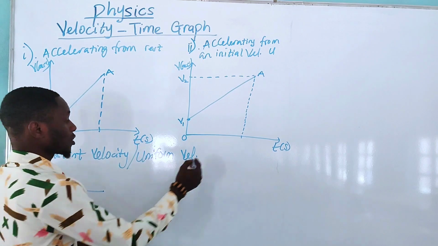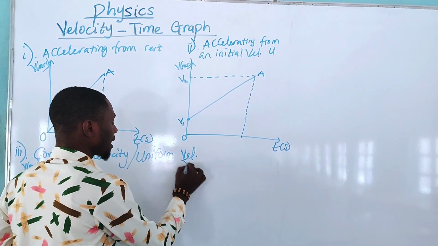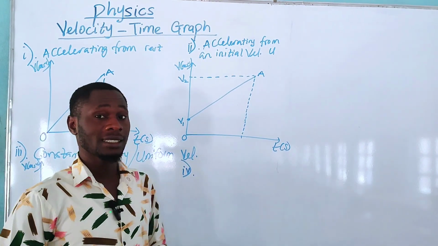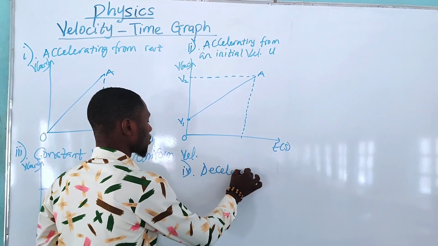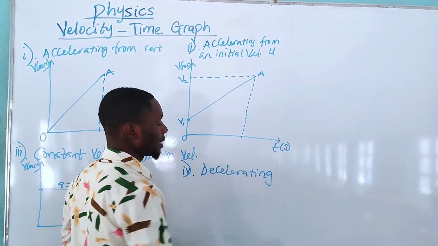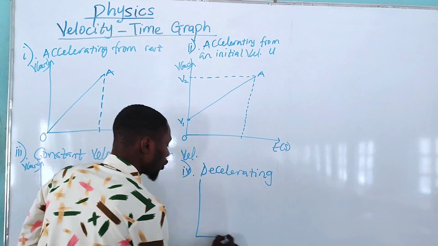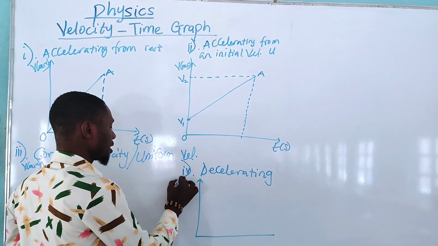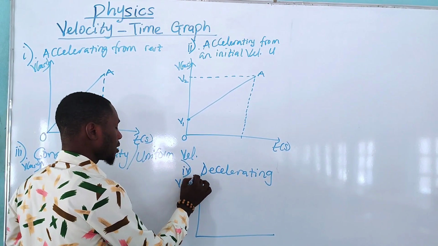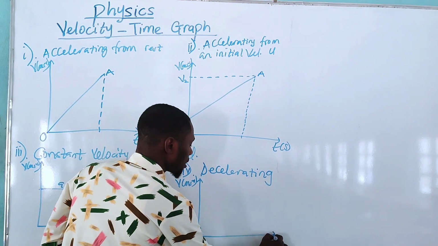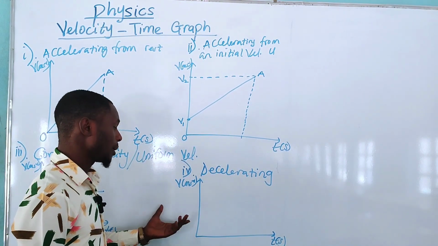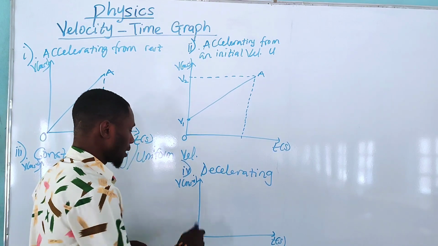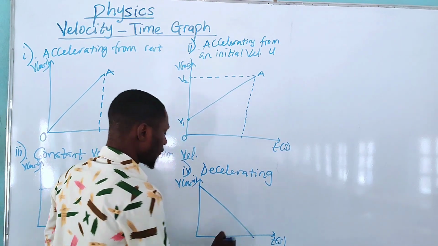Anytime a body is moving with a constant velocity or with a uniform velocity, this becomes the graph format. Okay, so the last format we are going to be looking at is when the body is decelerating uniformly. These are velocity in meters per second, and these are time in seconds. So when the body is decelerating, this becomes the graph format.